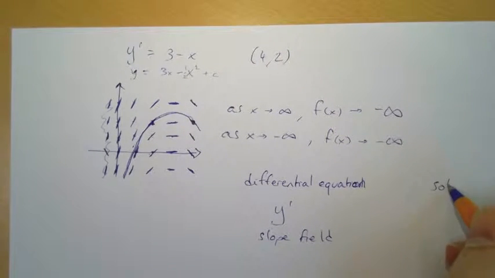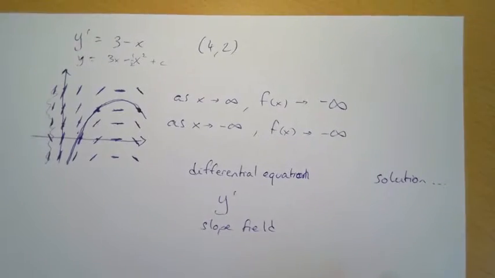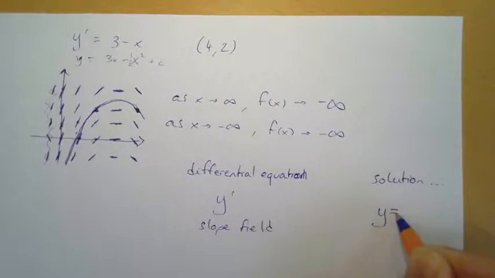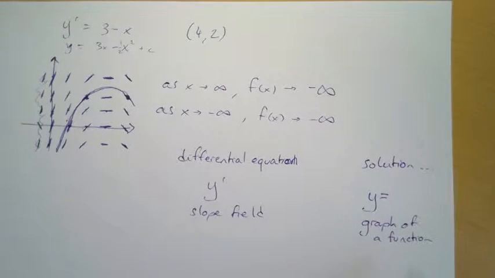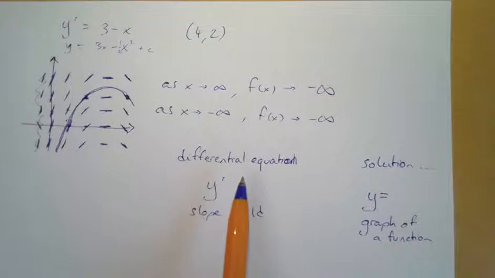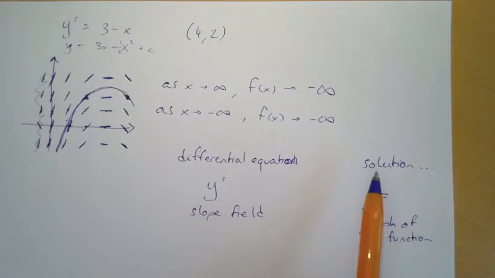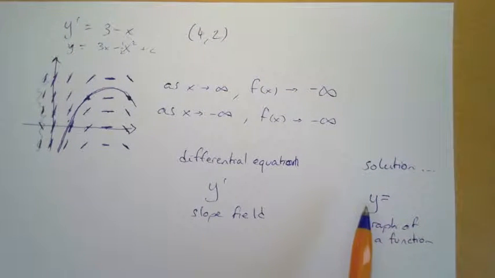When you talk about the solution of a differential equation, it's going to be y equals. It's going to be a function, and it's going to be just the graph of a function. So a differential equation includes some y prime in its expression, and it's represented by a slope field. The solution to a differential equation is a function, so it's y equals, and it has a graph.